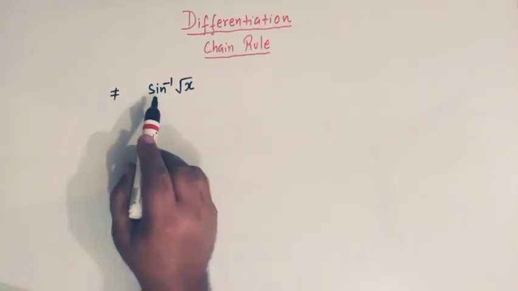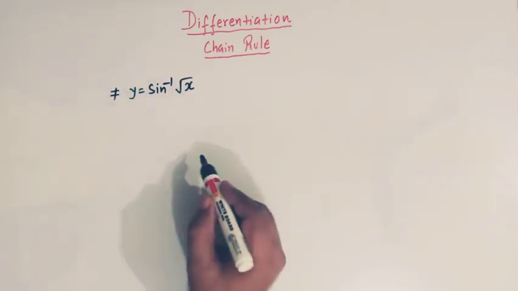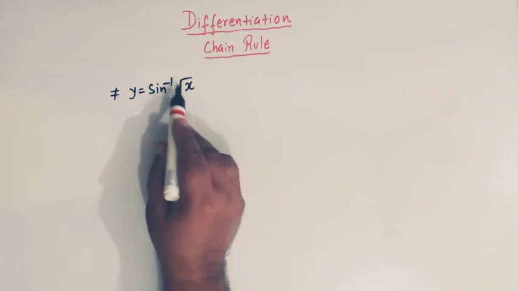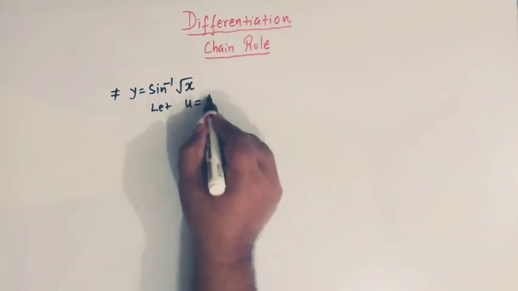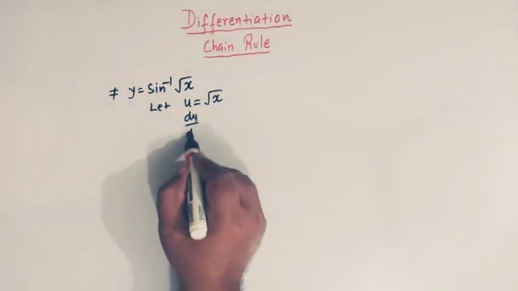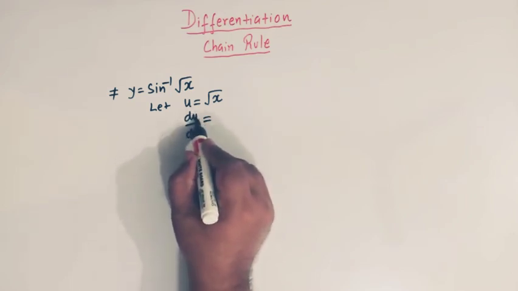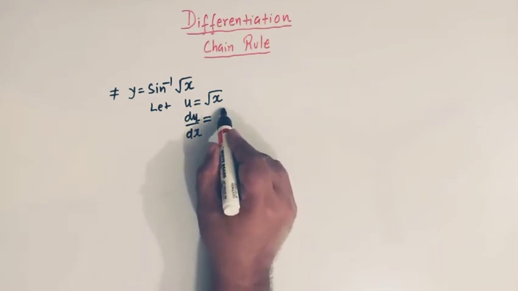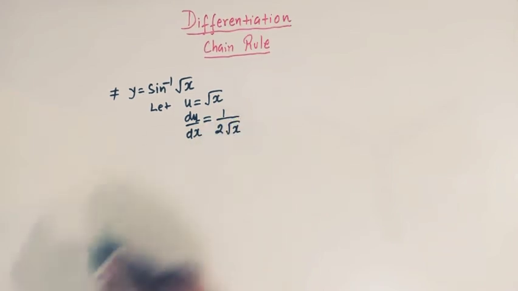Now let us differentiate this function with respect to x. So let y is equal to sine inverse of square root of x. So let u is equal to root x, and let us find du over dx, and du over dx is equal to 1 over 2 times root x, right?